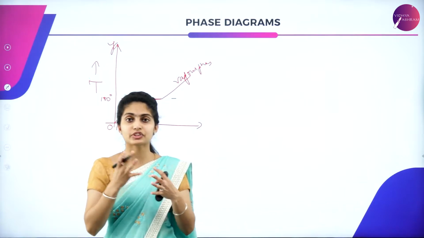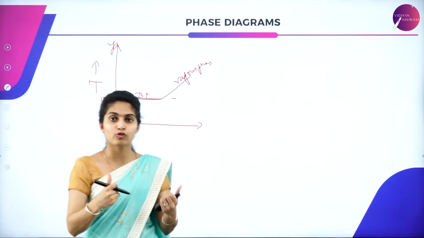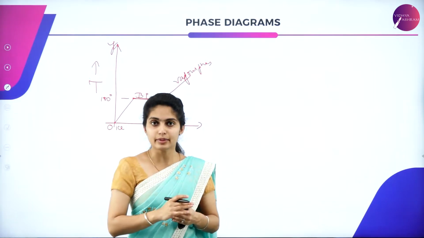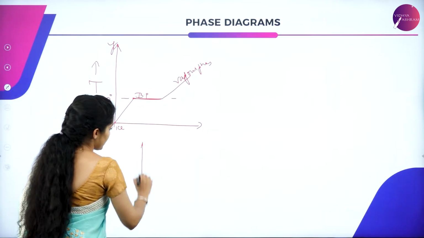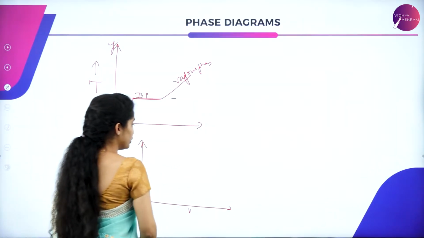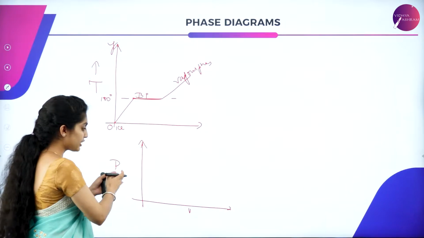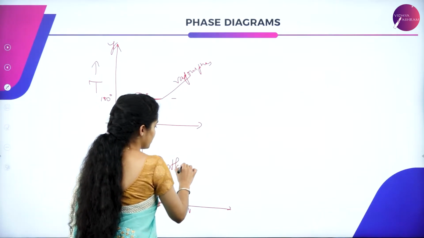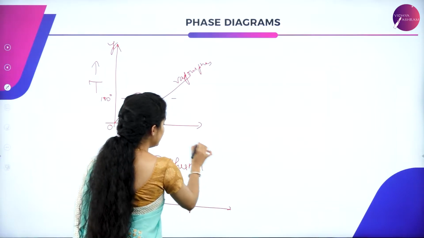Similarly, we have certain phase diagrams of pressure and volume, and pressure and temperature. Here we have pressure with volume. When you have the variation of pressure and volume, this condition can be called an isothermal condition.